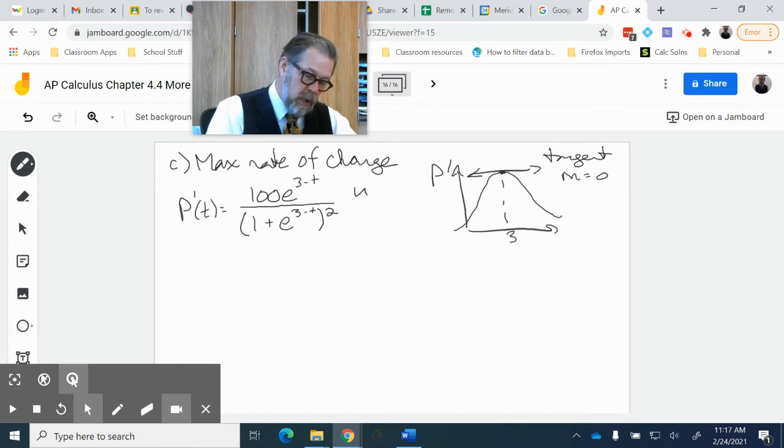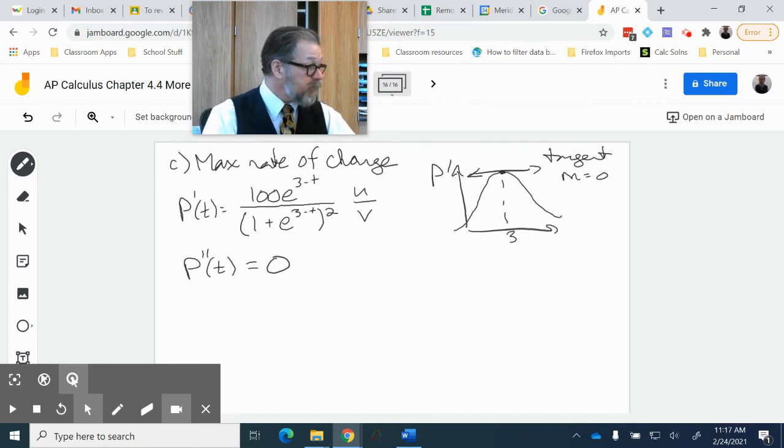I could do a quotient rule problem, and I could find the second derivative, and I could set it equal to 0. I'm not going to. It's a long, complicated problem. It wouldn't be the end of the world, but I don't really want to do all that algebra right now.